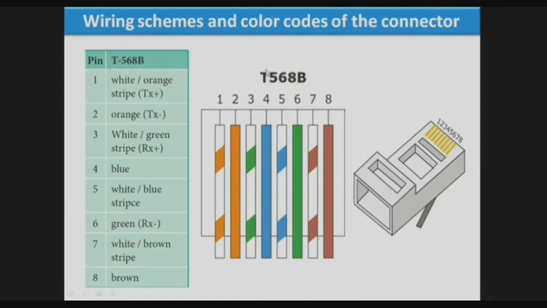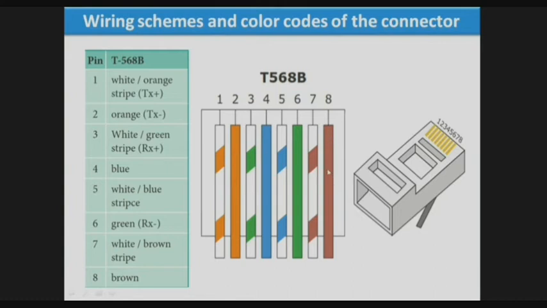Suppose the connector follows the second scheme, that is the T568B scheme, then it follows this table. In this, the first wire is white orange stripe, the second wire is orange, the third one is white green stripe, the fourth one is blue, the fifth one is white blue stripe, the sixth one is green, the seventh one is white brown stripe, and the eighth one is brown.